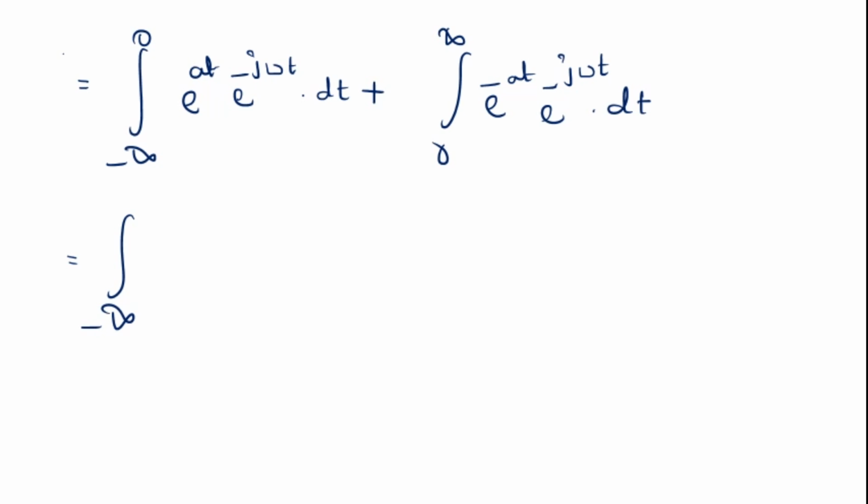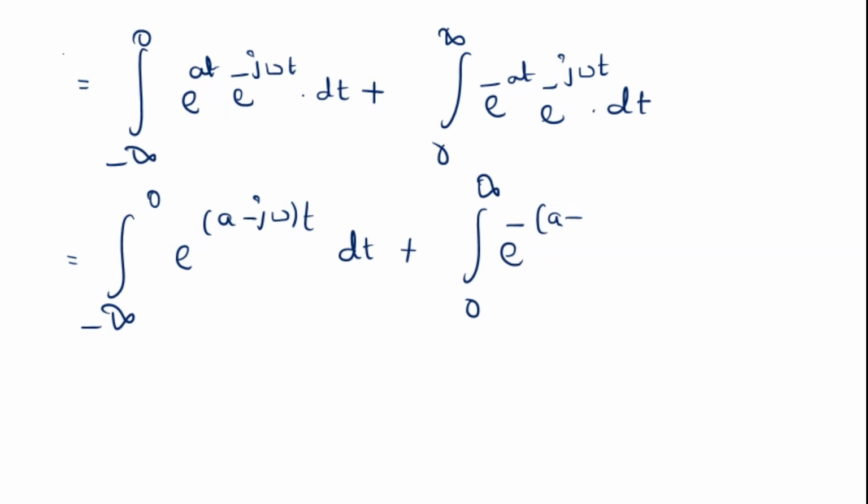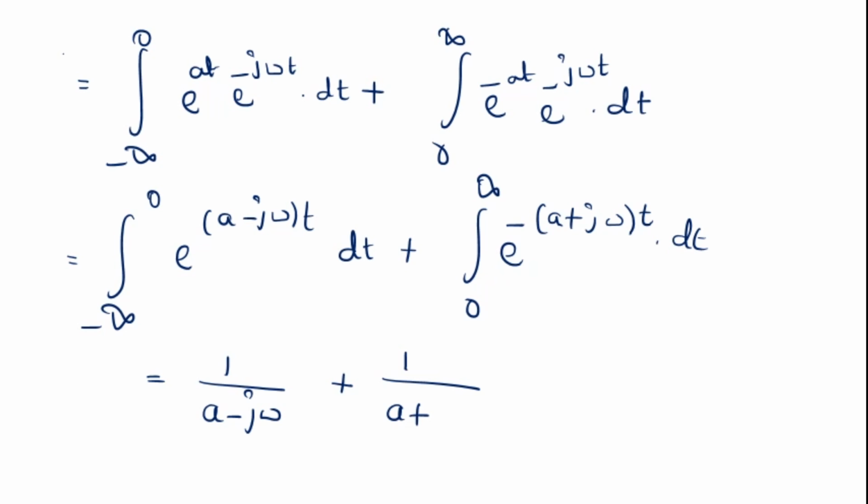which is equal to integration minus infinity to 0 e power a minus j omega into t into dt plus integration 0 to infinity e power minus a plus j omega into t into dt, which is equal to 1 divided by a minus j omega plus 1 divided by a plus j omega.